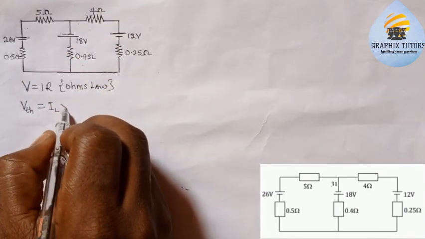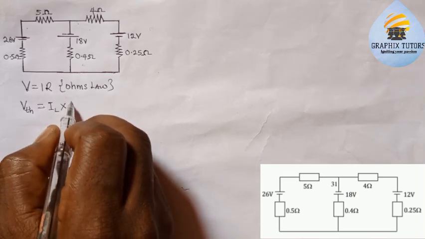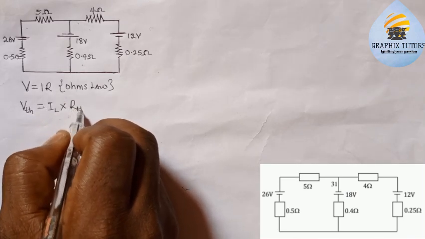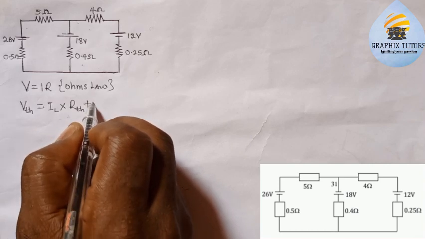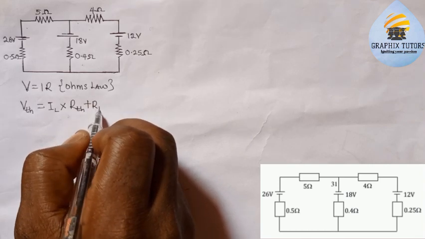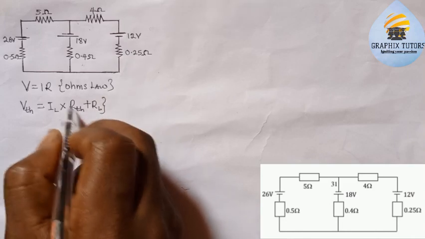Now multiplied by the Thevenin resistance, which will be in series with the load that you want it to pass through. Is that taken?